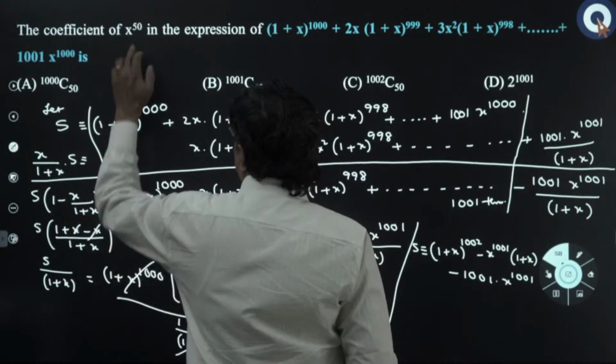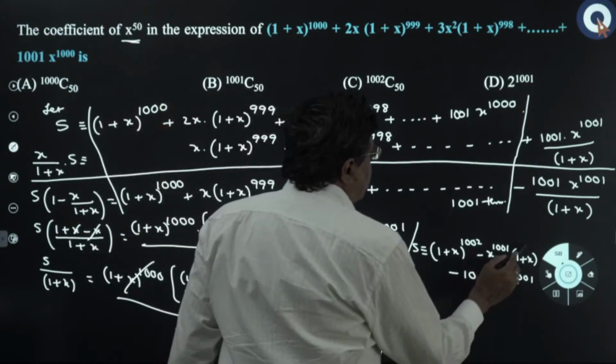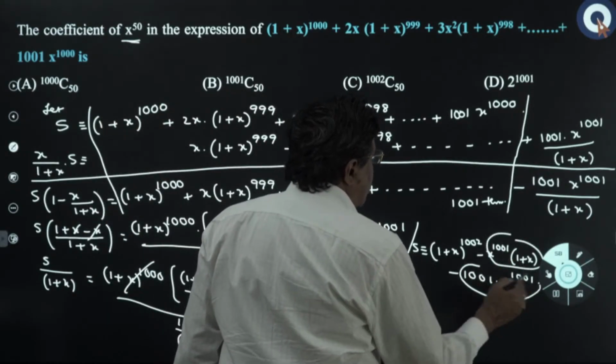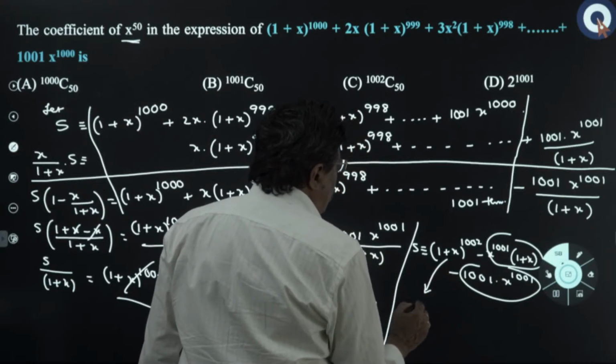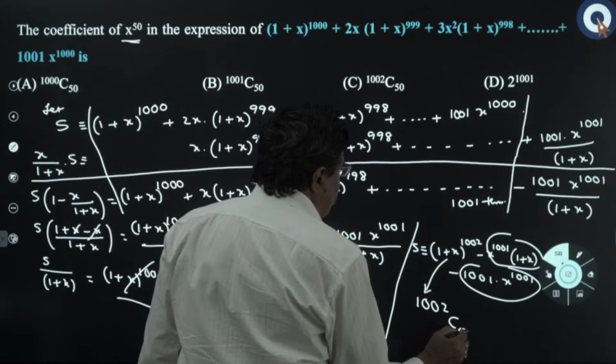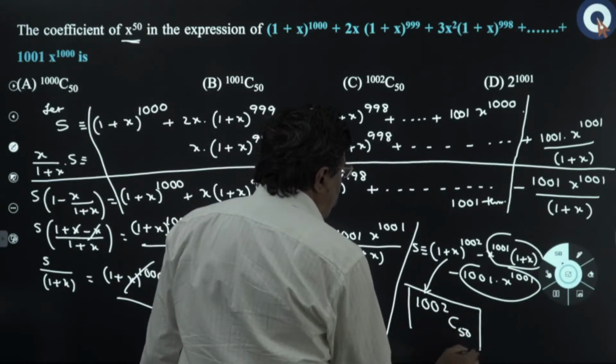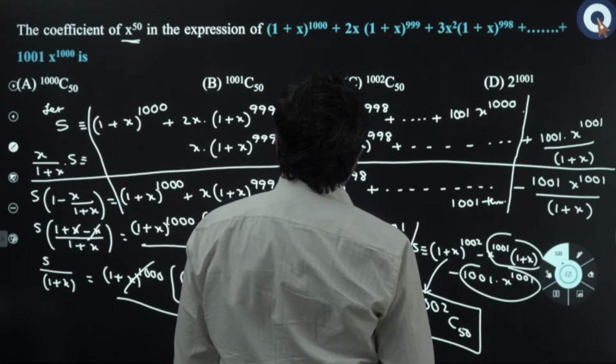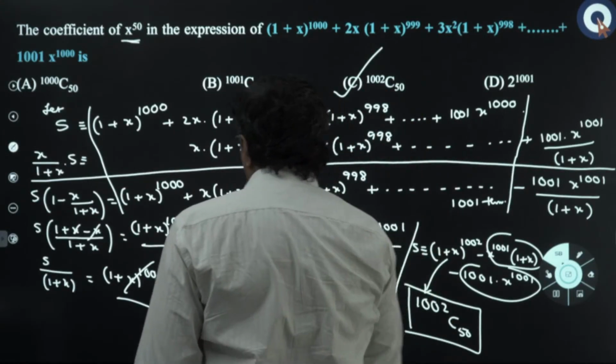So, you want the coefficient of x to the power of 50 in this, and this does not deliver that, this also does not deliver that. If you want the coefficient of x to the power of 50, you should look at this only, which is 1002 C50. This is the coefficient of x to the power of 50, 1002 C50. So, option C comes correct.